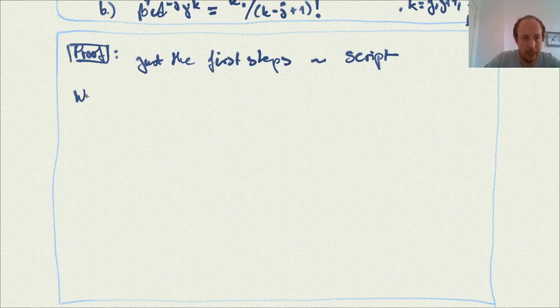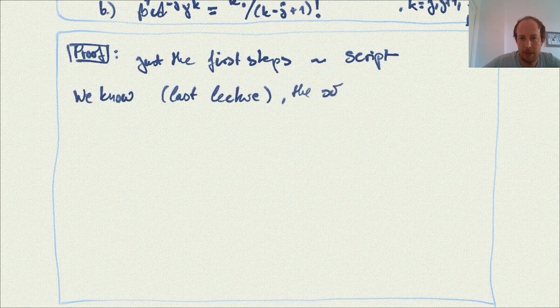So we know, for example from the last lecture, the solution is given as, and here the solution is this xi, so all the stage values. That's needed to define the Runge-Kutta update, and so one needs to compute the stage values.